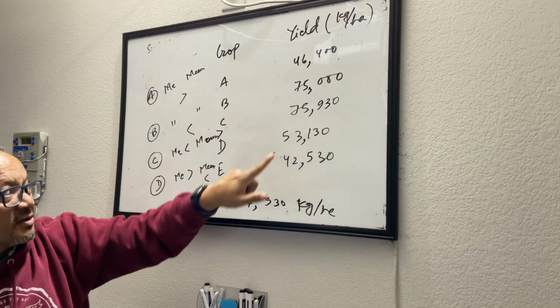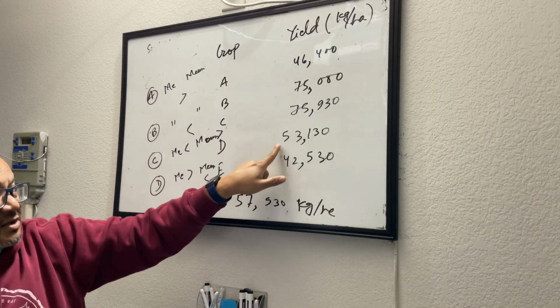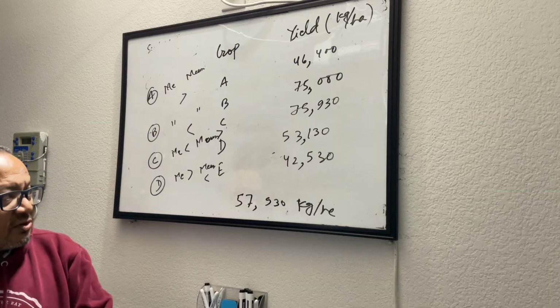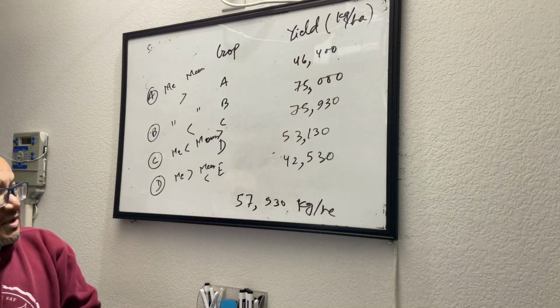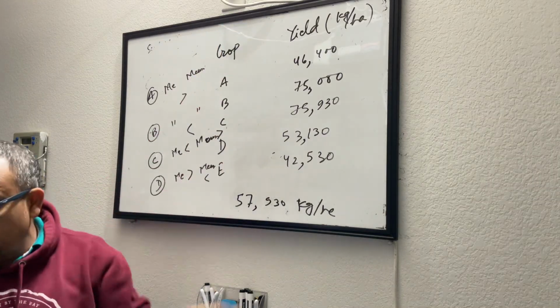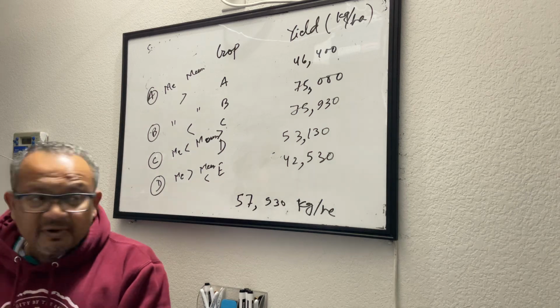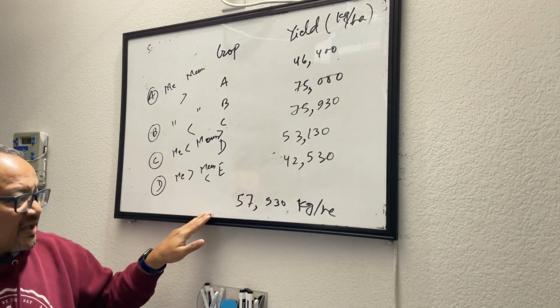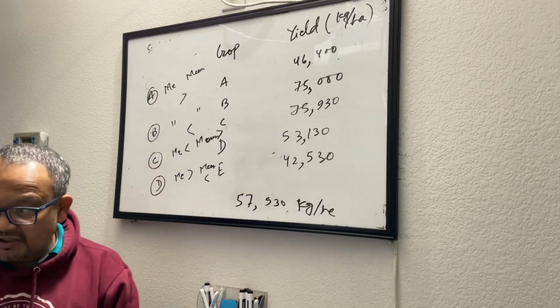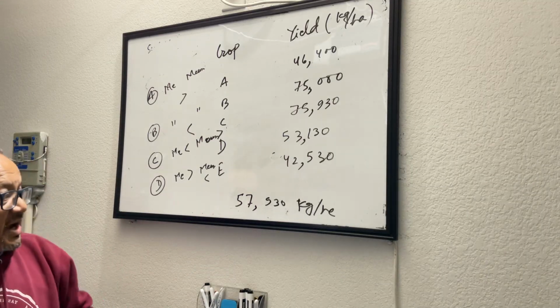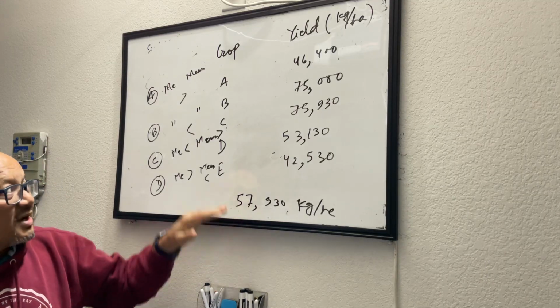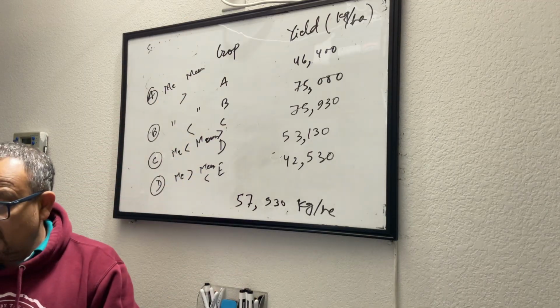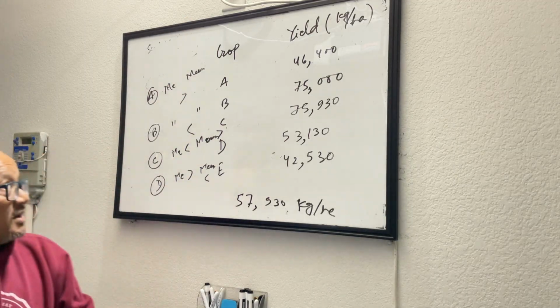So 46,400, 75,000, 75,930, 53,130 and 42,530. And the farmer introduced a new crop with this yield, 57,930 kilogram per hectare. The question is, by adding this crop to this information, what would happen?